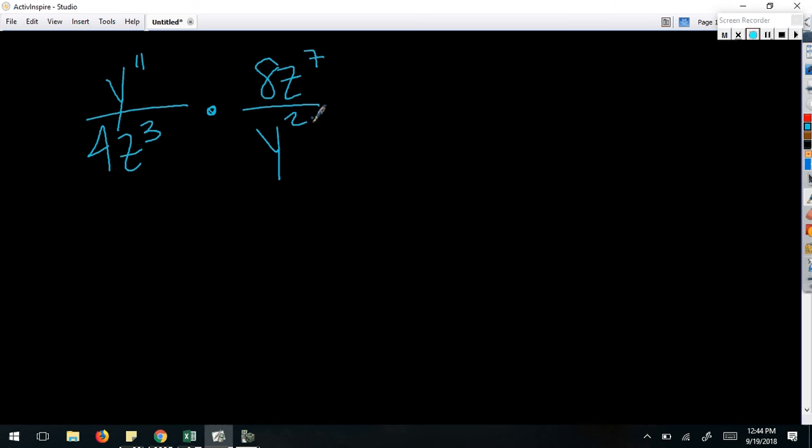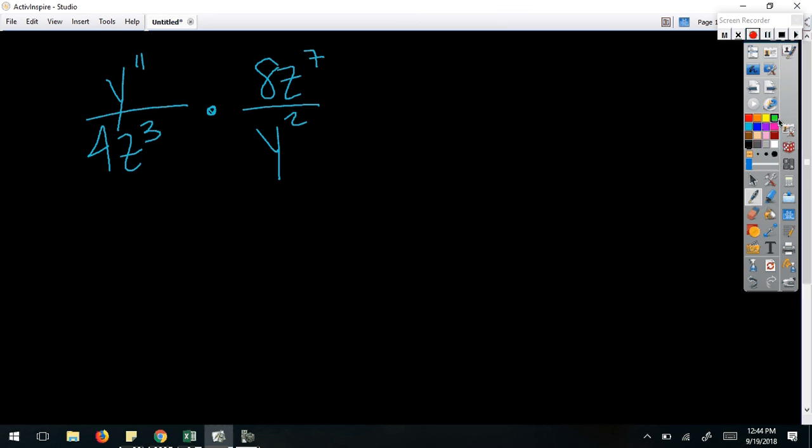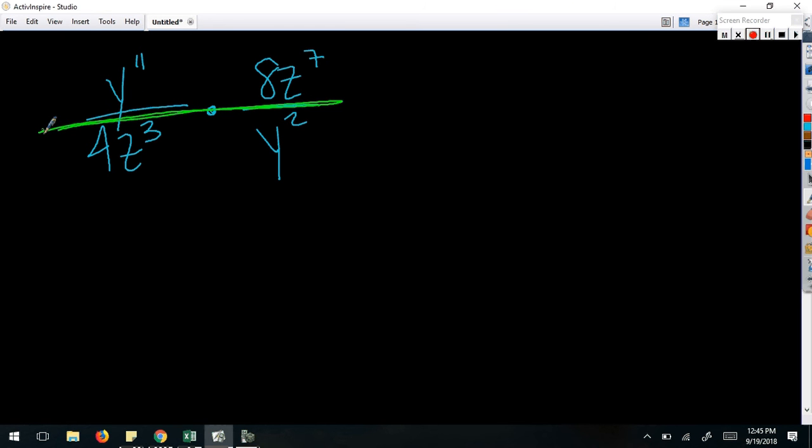What do you do when you multiply fractions? Straight across, right? So I always tell everybody, when you see this, don't let it intimidate you. In fact, when I copy the problem, I generally just say, okay, I'm doing nothing but multiplying. I'm just going to make this one big fraction like that. And I'm going to work from there.